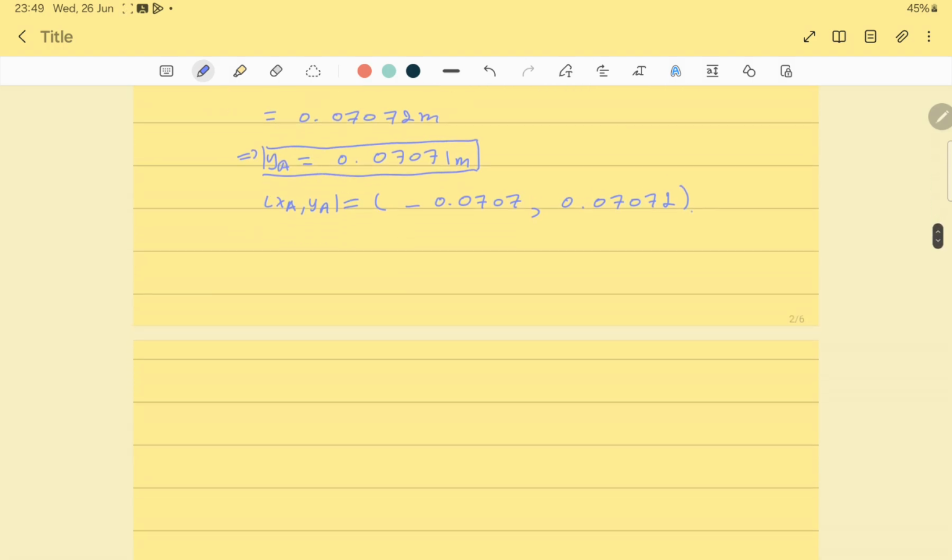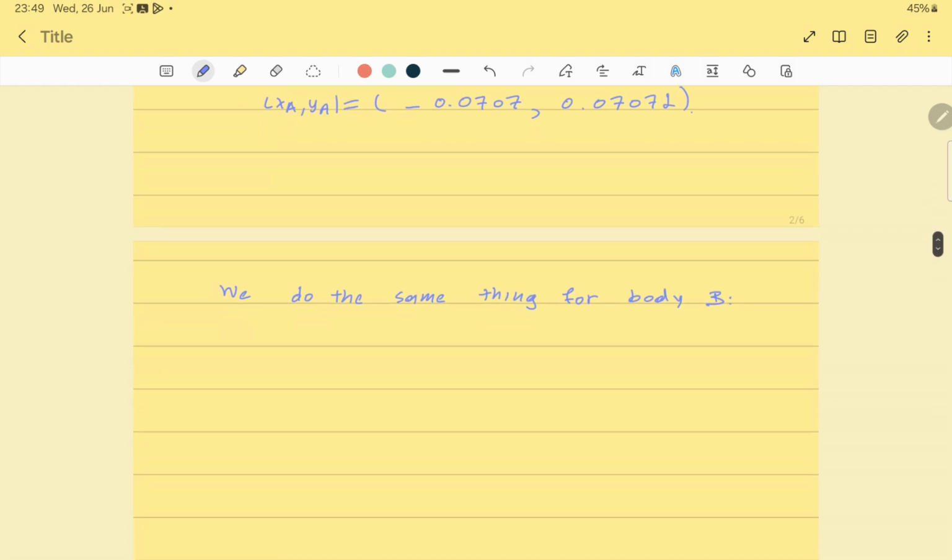We do the same for the body B. We do the same thing. We calculate the X coordinate.